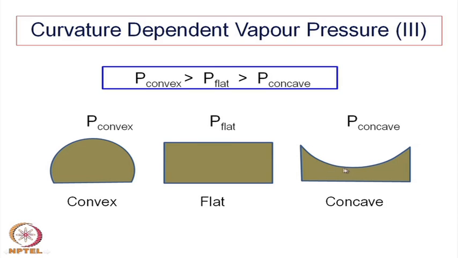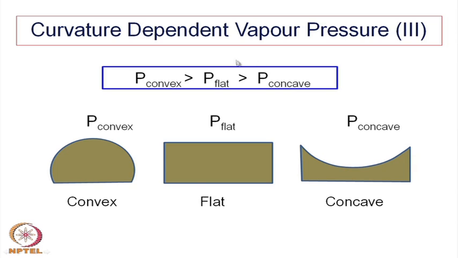Finally, if you have a concave surface like this, that also has some vapor pressure here of the same material. So, some vapors of the same material will always be there, depending on the temperature, of course. If the temperature is low, then the gradient will be high, because the evaporation rate will be very low. If the temperature is high, the evaporation rate will be high, and there will always be an equilibrium.